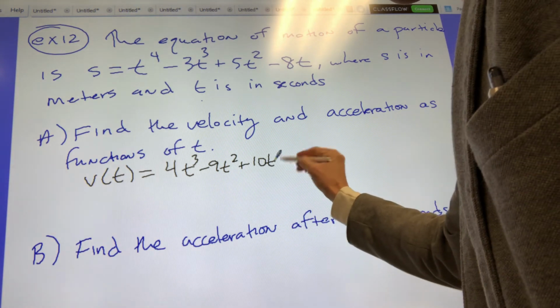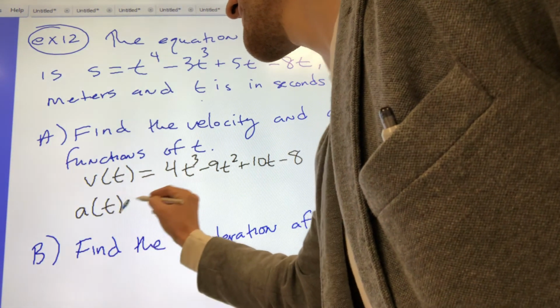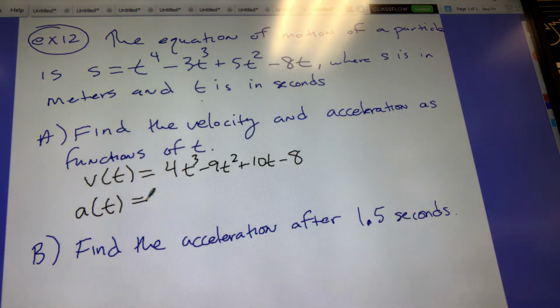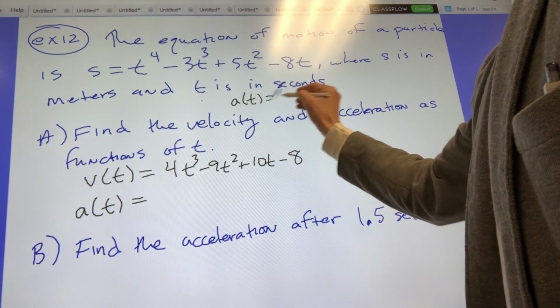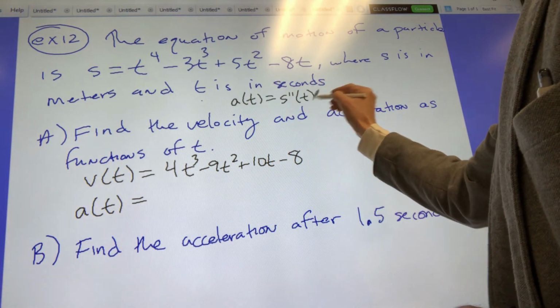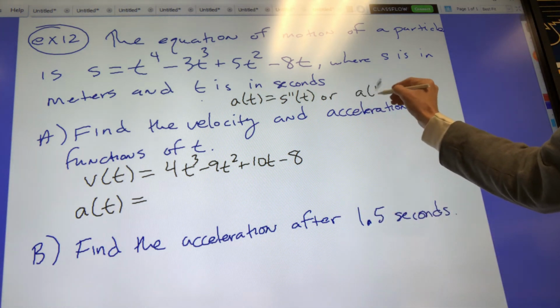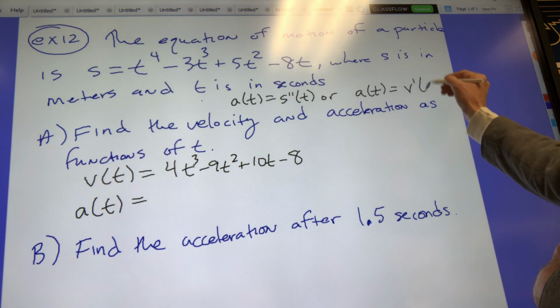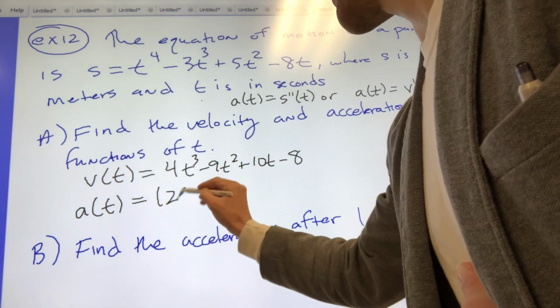There you go. And acceleration is the second derivative of the position function, or acceleration is the derivative of velocity. So I'm just going to look at velocity. I'm going to take its derivative.